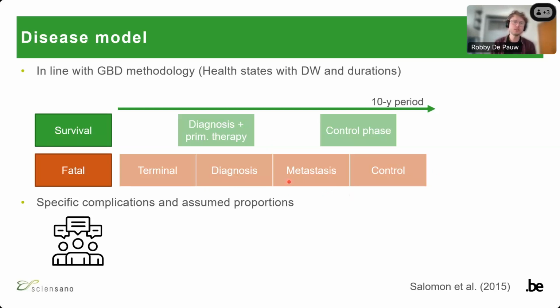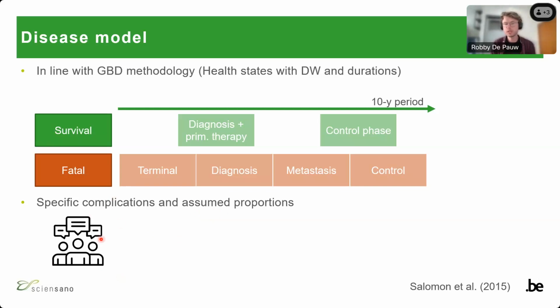In addition to this, for some cancers, for example colorectal cancer, there can be specific complication rates and assumed proportions, and this may be a difference. This was not data driven. So to link patients to the specific complications and proportions into these different complications, we used expert opinion.